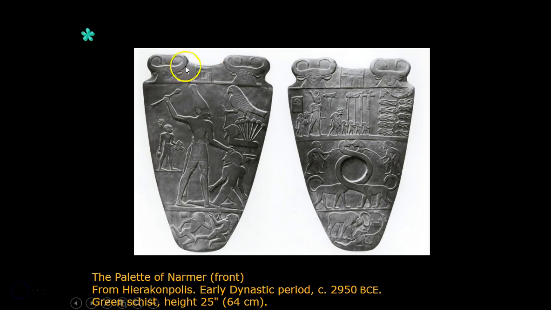Zoom in when you look on your own. But these are phonetic hieroglyphs, and so there's a horizontal fish, which is called nar, and above a vertical chisel, and that's the sound mer. So Narmer, it's phonetically spelling his name.